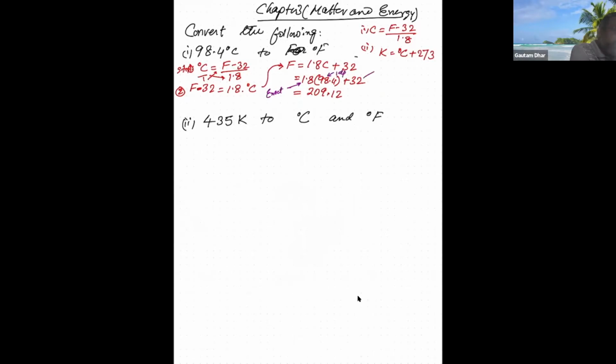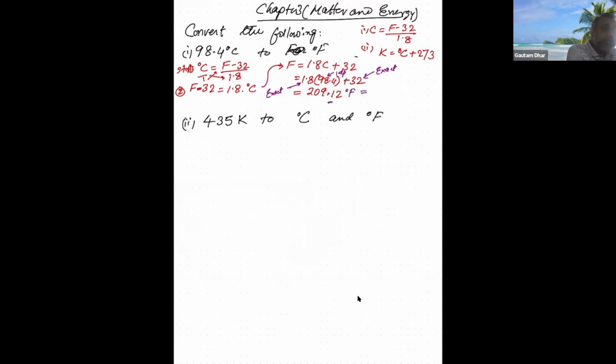I'm multiplying with the exact quantity, so my answer cannot be any more accurate than what I started with. What is the precision of my thermometer? One decimal place. If I make it two decimal places, then it becomes too accurate, and that cannot be true. So I have to keep to this many degrees Fahrenheit.